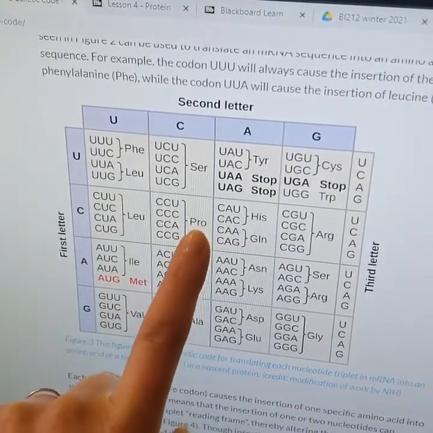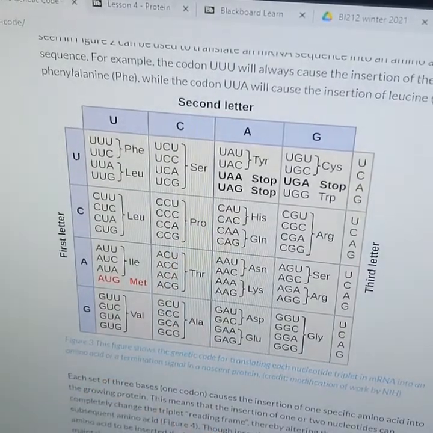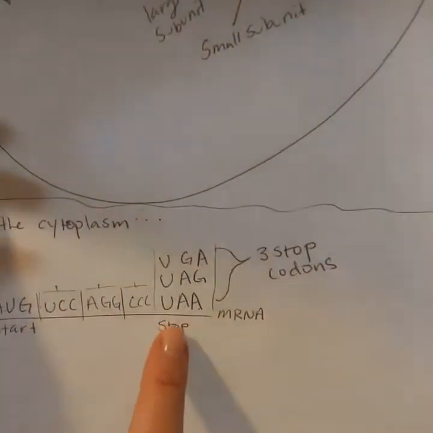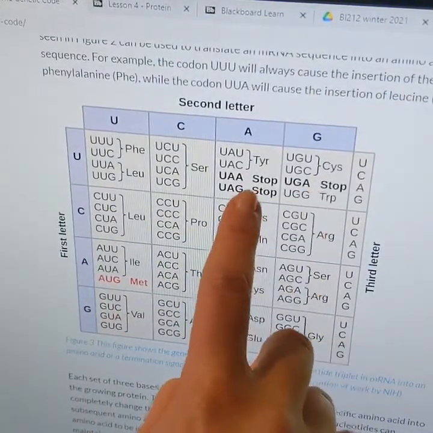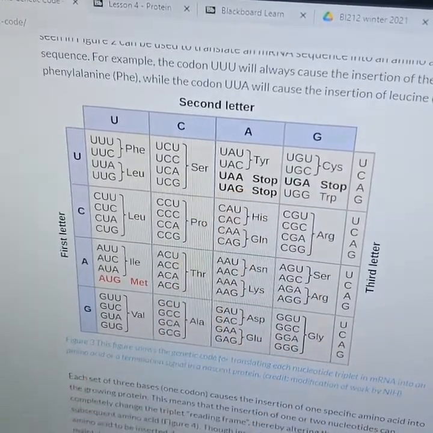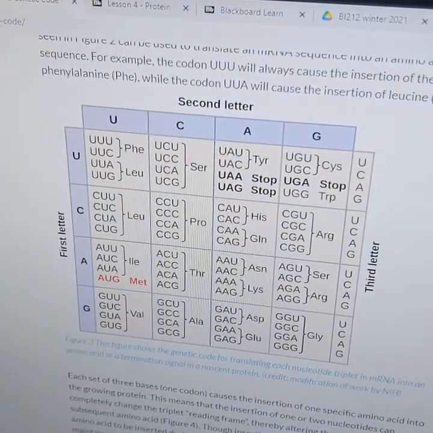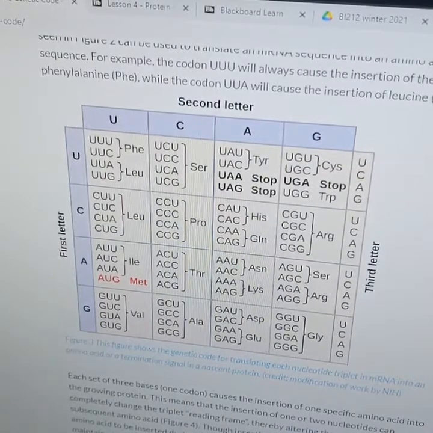Pro. So pro will be our third amino acid. Then we'll have a stop. You can see your stop codons here, three ways of writing stop. And at that point, your protein will break apart from the ribosome and you're done making it.